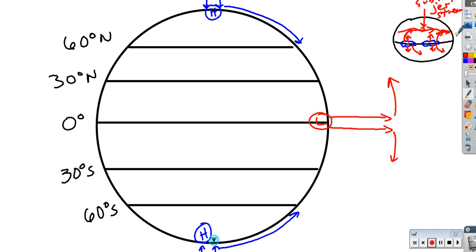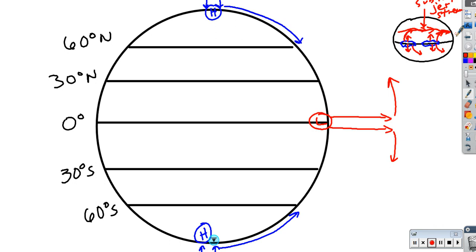And if you think about, and this is information I didn't share in class due to the time, but if you think about an ice skater, when they're spinning on the ice with their arms extended, they are spinning at a certain rate. When they bring their arms in, they begin to spin faster. That's a law of physics called the conservation of angular momentum.